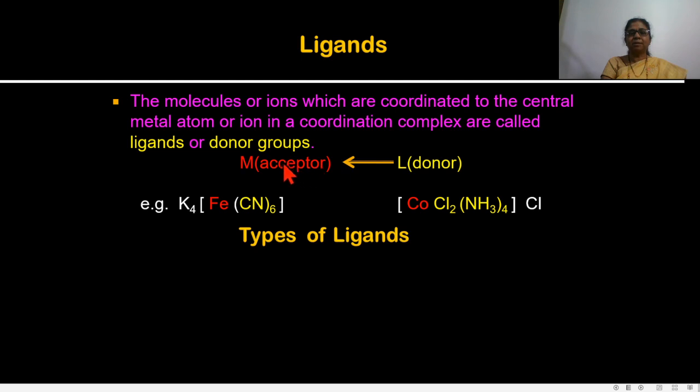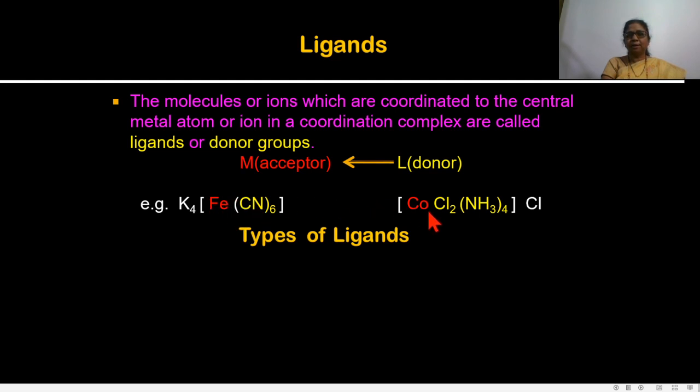That means the metal ion accepts the electron pair from the ligand, which is the donor group. That's why the arrow points towards the metal ion. For example, in K4[Fe(CN)6], Fe is the central metal ion, and these are the ligands surrounding the central metal atom.